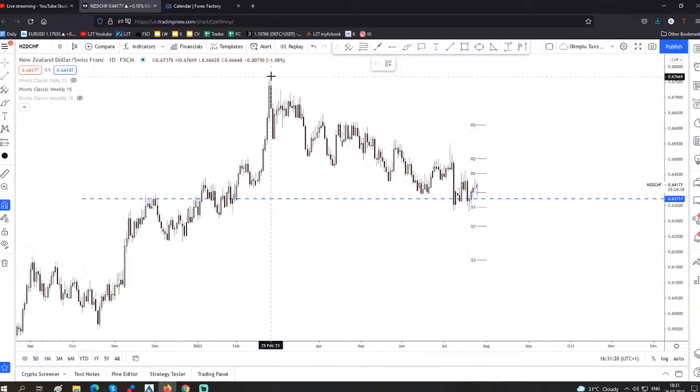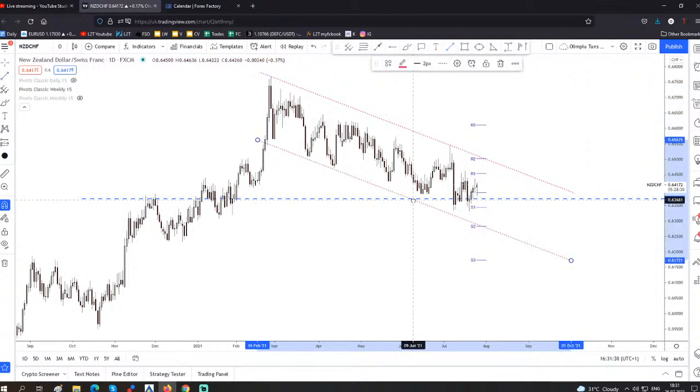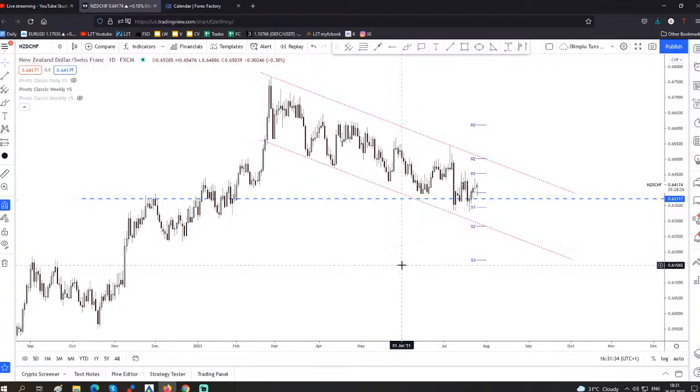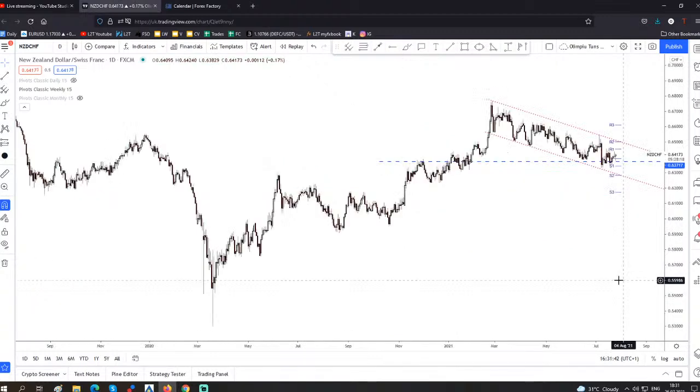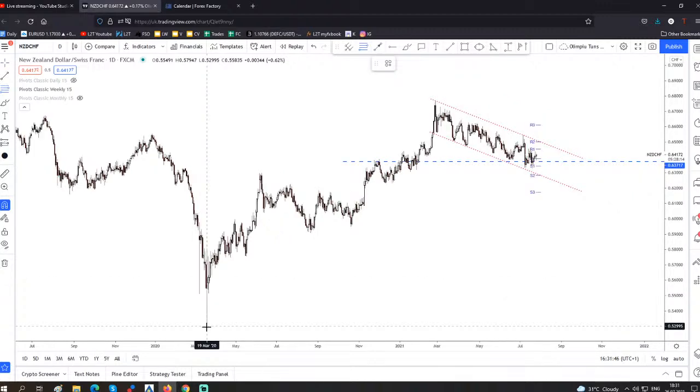But right now, and as you can see here, if we will draw, one moment, a downtrend line, we have something like a channel here on the daily. One moment, and maybe let's take a look if we'll draw something like this.